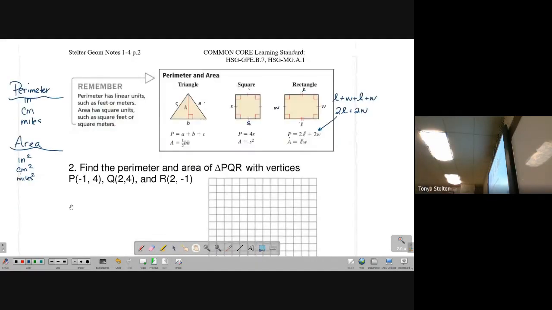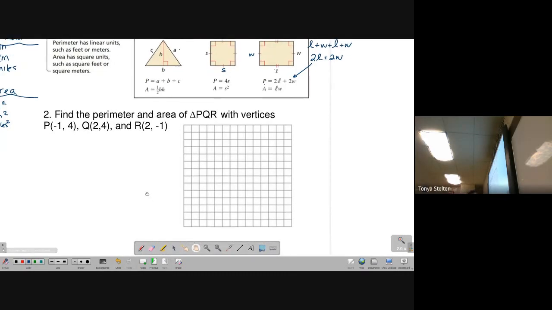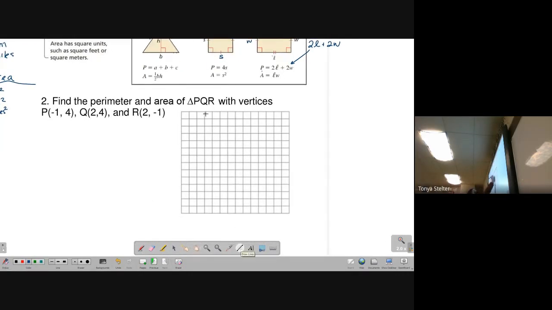So we're going to find the perimeter and the area of the triangle that we're about to graph. And it's pretty centered. It only falls 1 unit over. Not too tall. All right, so there's my coordinate plane. -1, 1, 4.